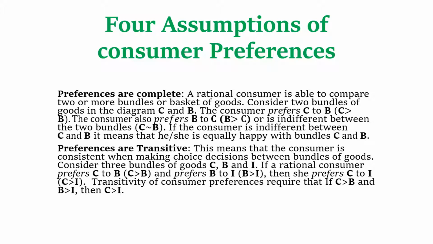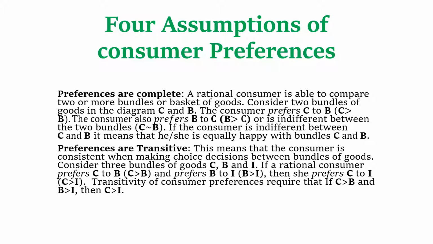C is strictly preferred to B. The consumer also prefers B to C, that is, B is also strictly preferred to C. Or is indifferent between the two bundles, that is, C is indifferent to B. So that sign there means indifferent.